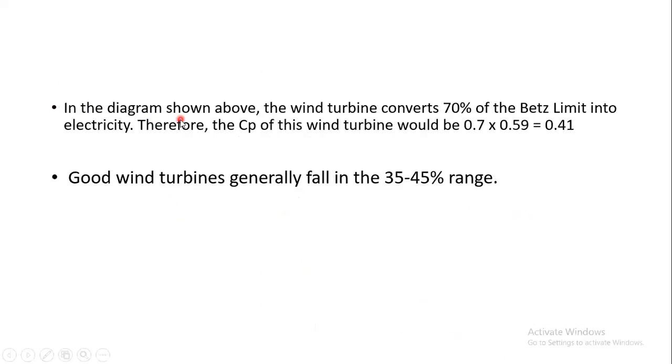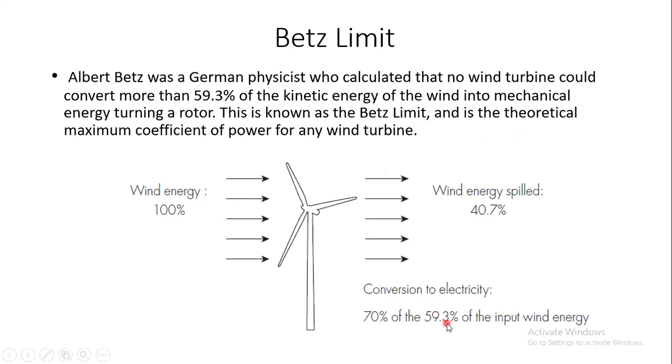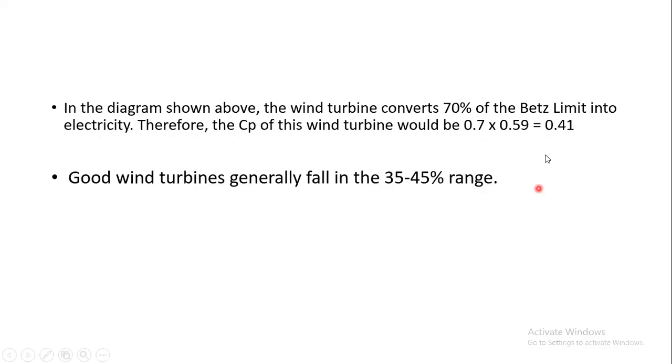In the diagram shown above, the wind turbine converts 70% of Betz's limit into electricity. Therefore, the Cp of this wind turbine would be 0.7 multiplied by 0.59, which gives about 0.41.